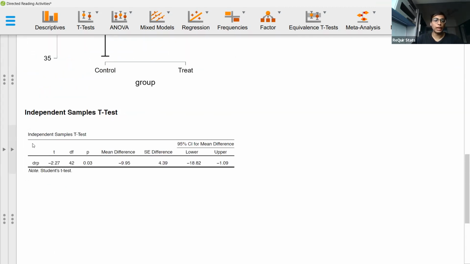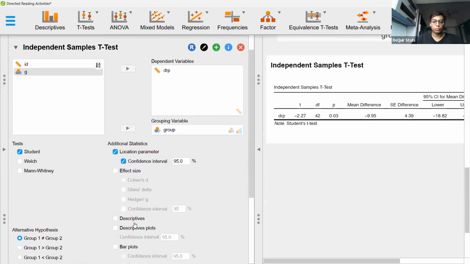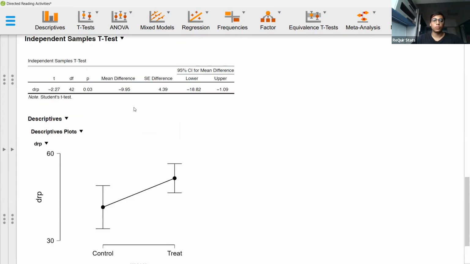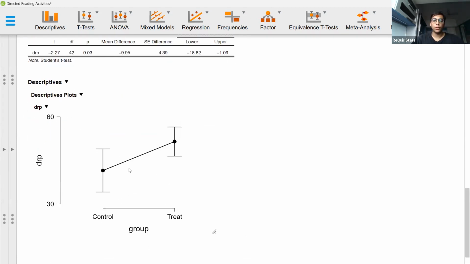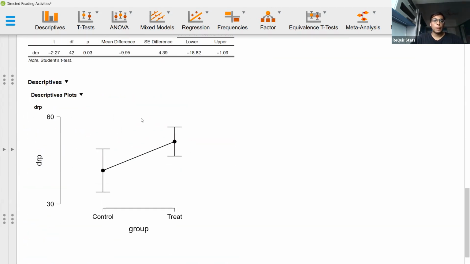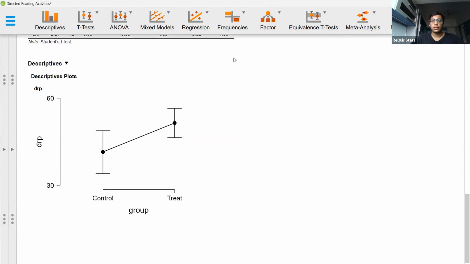Again, I'm not going to go into that, but let me also show you that the descriptive plot that we got is the same plot. This plot and this plot, they are the same. Now, yes, chat.